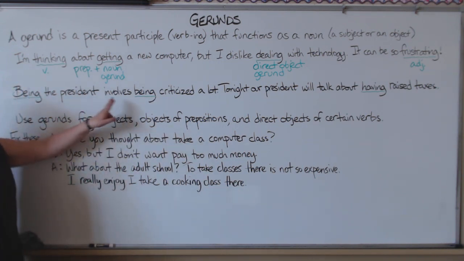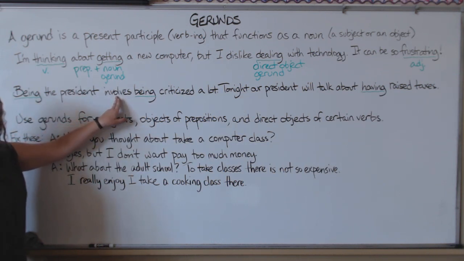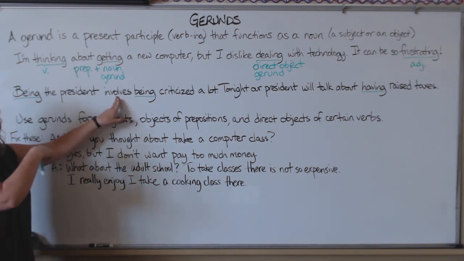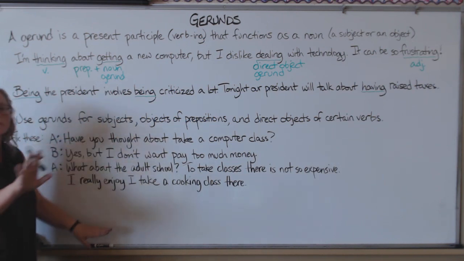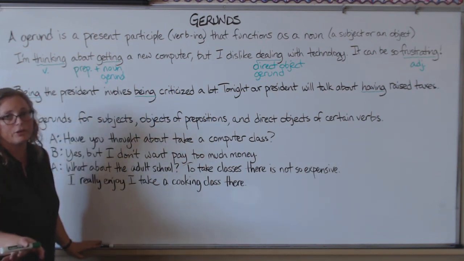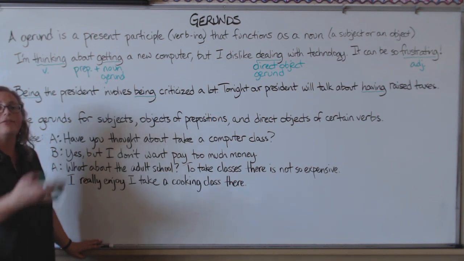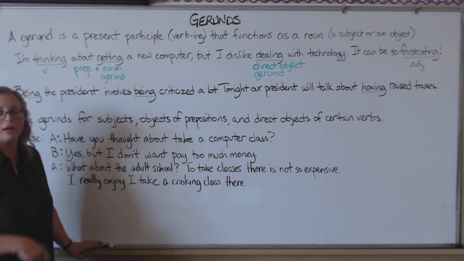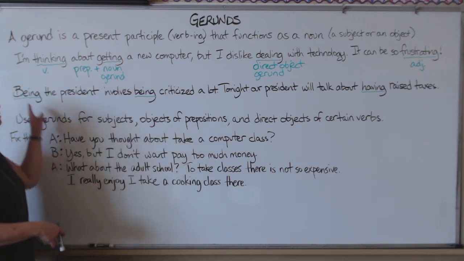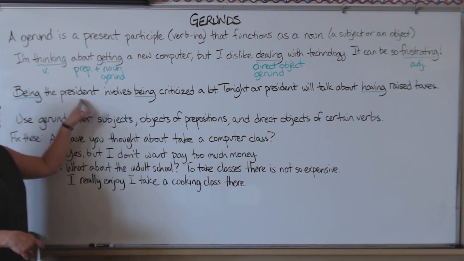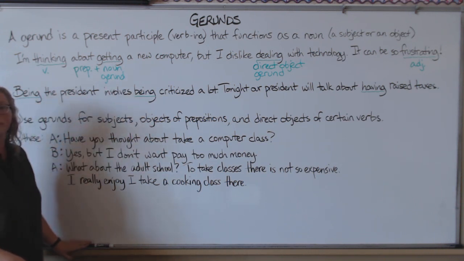Let's look for the verb. Where's the verb? The verb is right here, involves. So then you ask, who or what involves? And the answer to that is your subject. Always look for the verb first. Then find the subject of the verb. So our subject is here. Being the president involves.